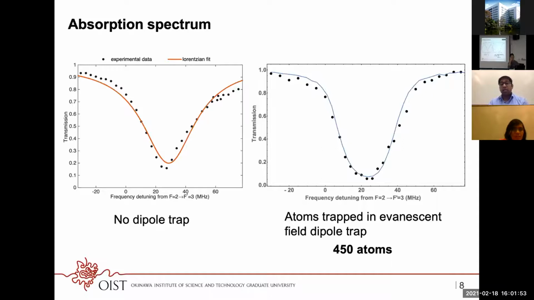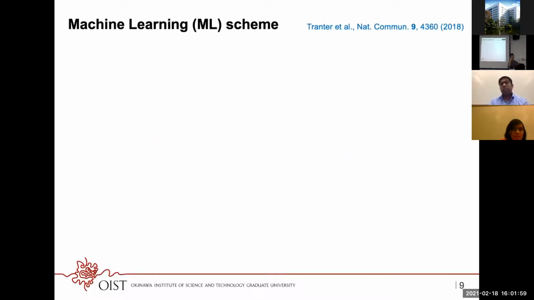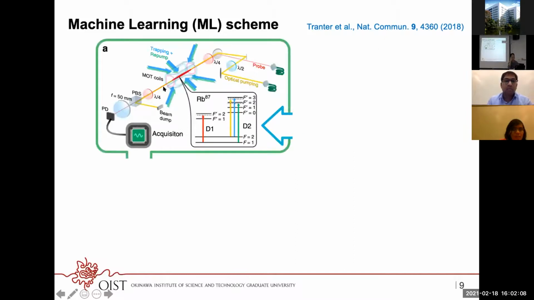Now what we want to see is, using a machine learning optimization, can we improve this number even further? So we use a machine learning scheme which is very similar to the one used by the ANU group, Australian National University group, before in their experiment, where they tried to improve the optical depth in their system.